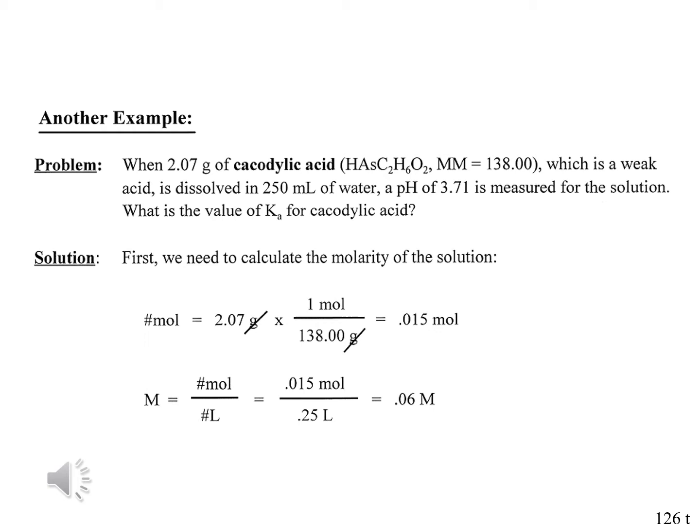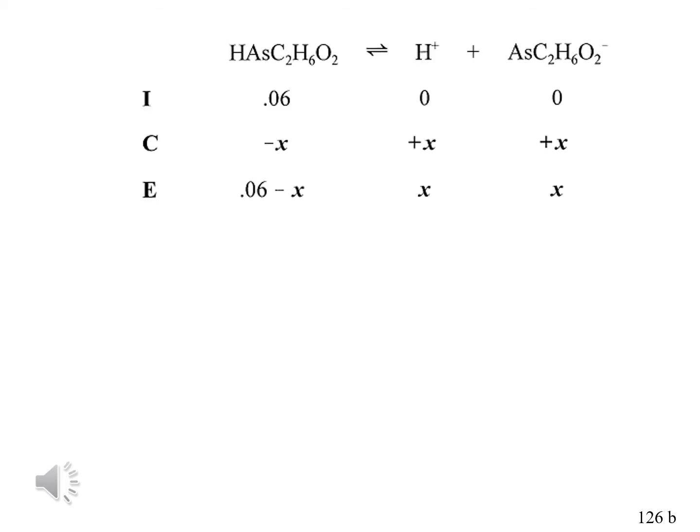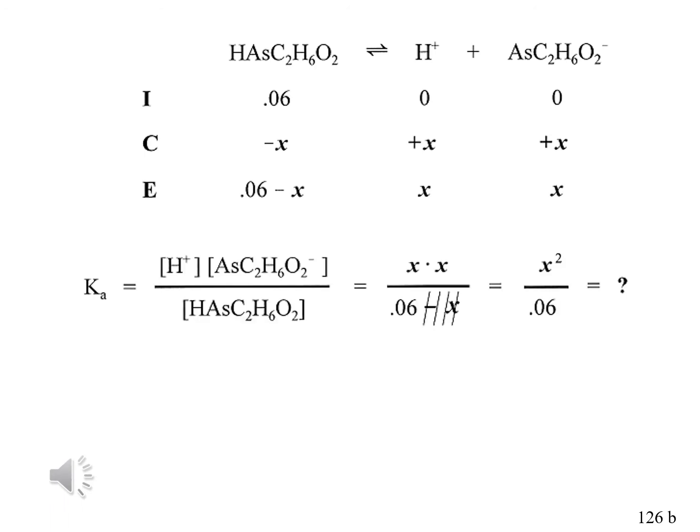I took the grams again and converted to moles, divided by the molar mass, divided by liters and got molarity. Made the ICE table just like we did last time. Plug in the x's, ignore x relative to the original, get x squared over the original, and now we need to calculate the x again.